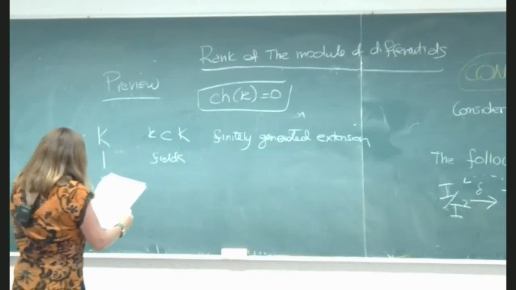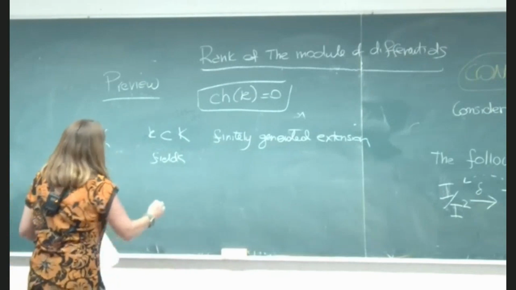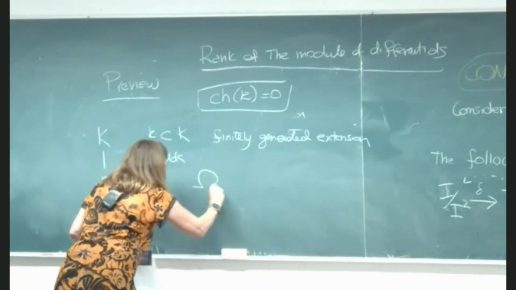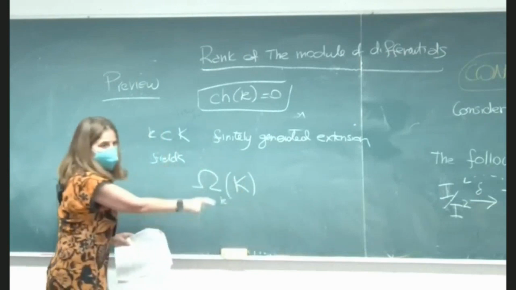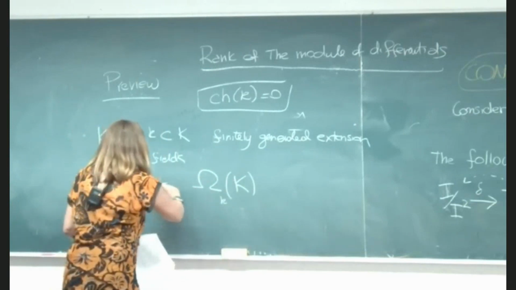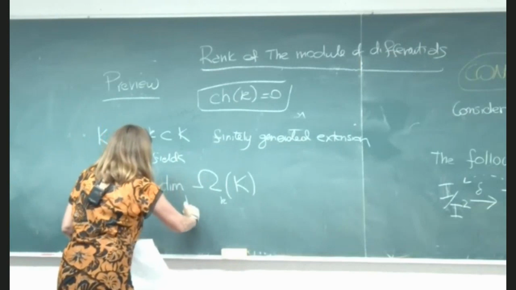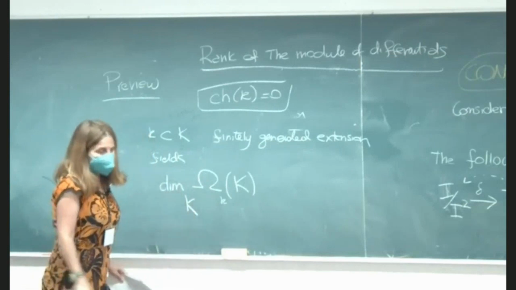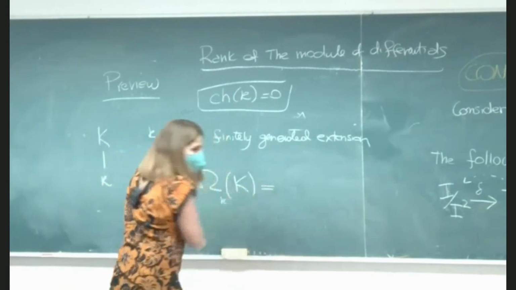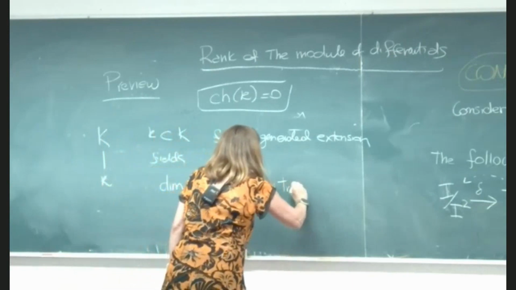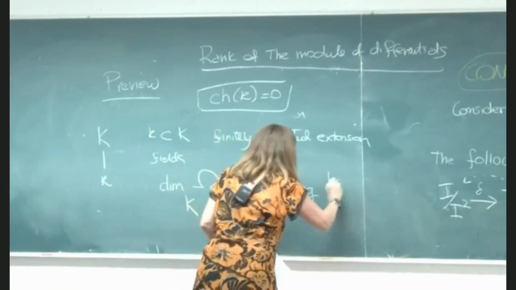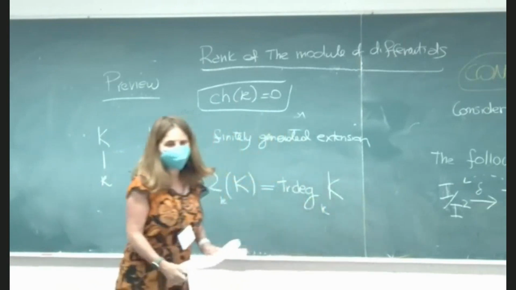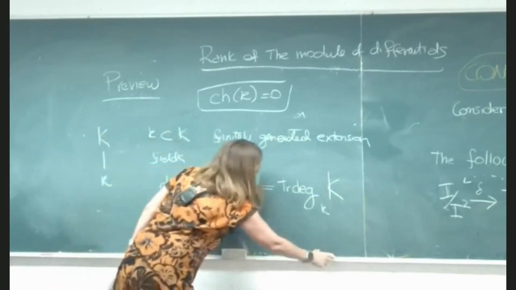What we want to prove is that I can look at the modular differential of big K over small k. This is a big K vector space, and I want to know what the dimension of this vector space is. We're going to prove that the dimension of this vector space is the transcendence degree of big K over little k. That's a preview. This is really what the theorem is going to say.